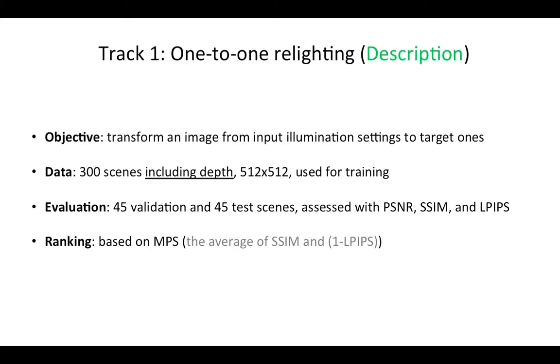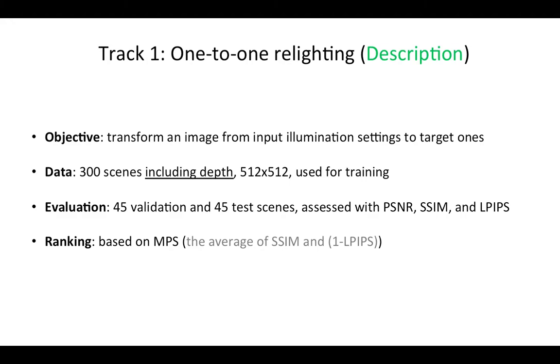The first competition track is the one-to-one relighting challenge. The objective of this track is to transform an image from input illumination settings to the target ones. The training dataset contains 300 scenes, including depth maps. Each image has 512 by 512 resolution.